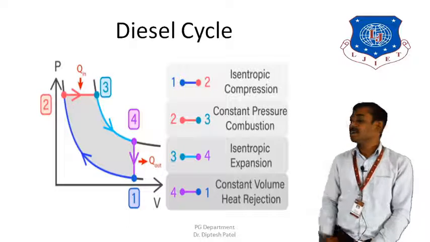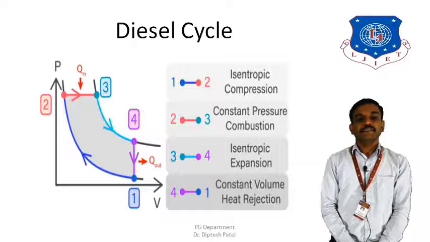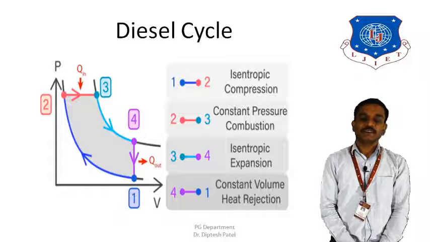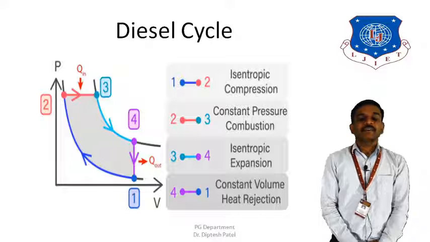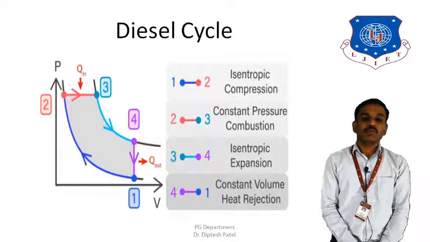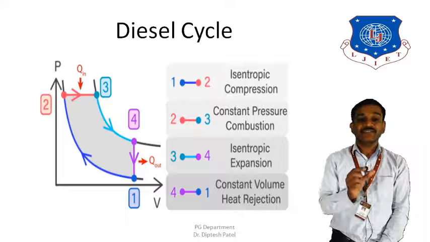Now let's go through the diesel cycle. Here you can see 1 to 2 is an isentropic process in which the entropy is assumed to remain constant, volume is reduced from V1 to V2 while the pressure and temperature both increase to their peak point. Then heat is added between 2 to 3. 2 to 3 is a constant pressure heat addition process, which is different than the petrol engine.